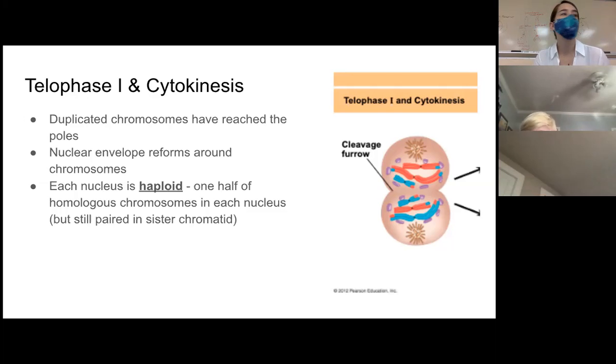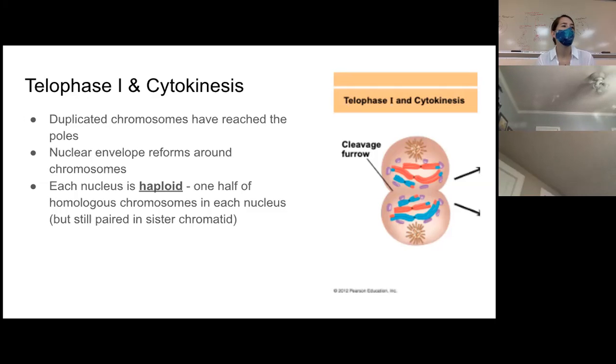All right. Questions about cytokinesis 1 or telophase 1 and cytokinesis? All right, so at the end of this, we have 2 daughter cells. They are not the same as the original cell. We switched up our DNA in that first crossing over step, and we only have half of it. So we made 2 daughter cells with only half of the information from our original cell.